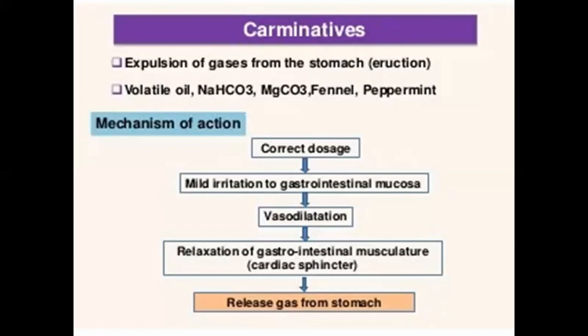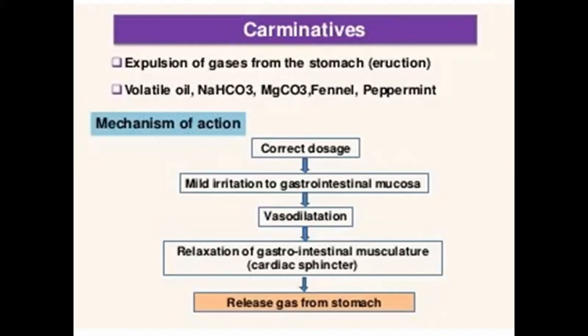GIT motility means gastrointestinal motility, that is movement of the food from the mouth through the pharynx, esophagus, stomach, small intestine, large intestine, and then out of the body. That movement is increased by the carminative, which also causes relaxation of sphincters.